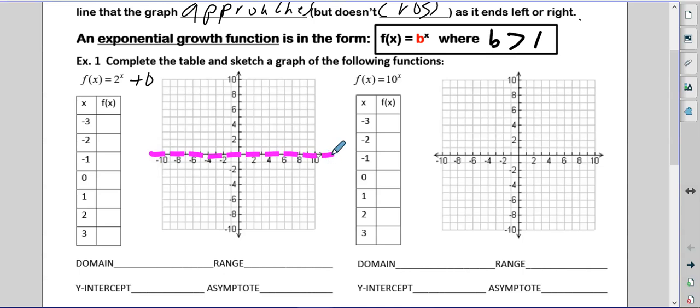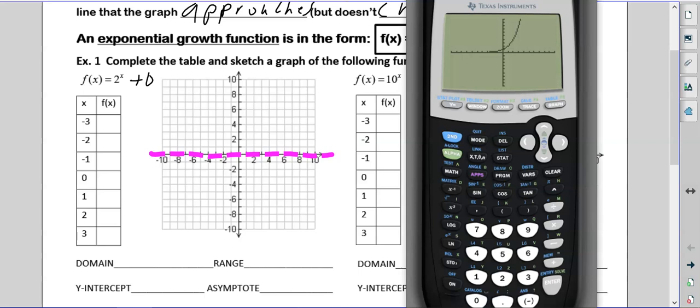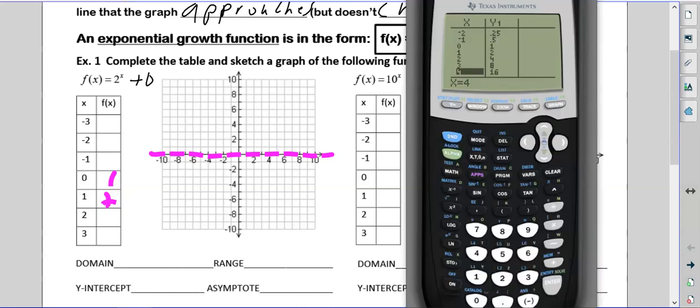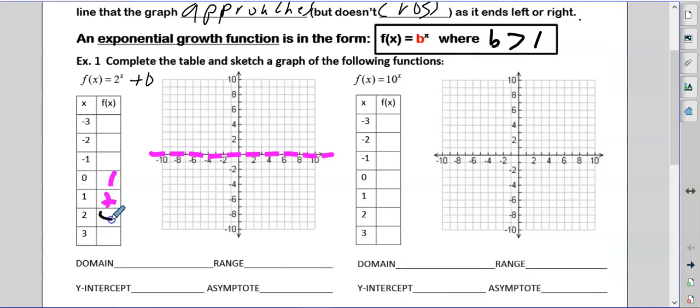Okay. Now I'm going to go to the calculator and get a few key points. Such as 0, 1, 1, 2, 2, 4, and 3, 8.